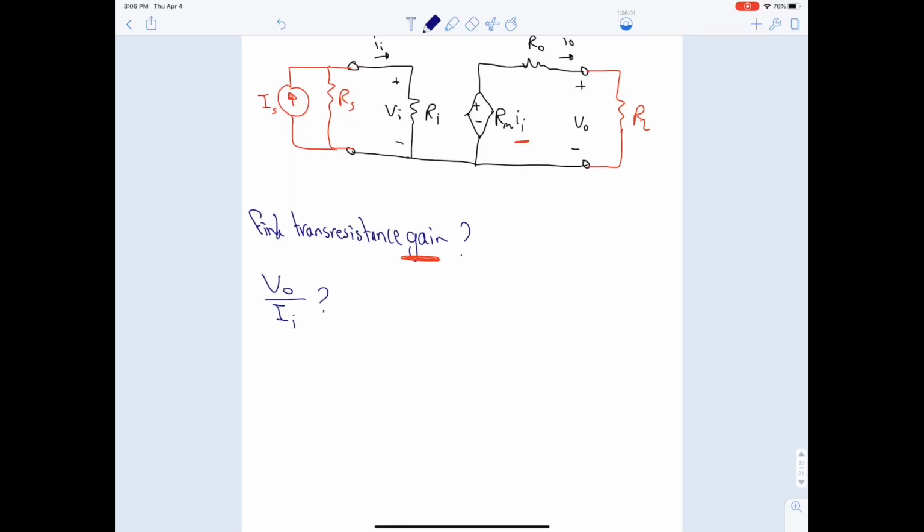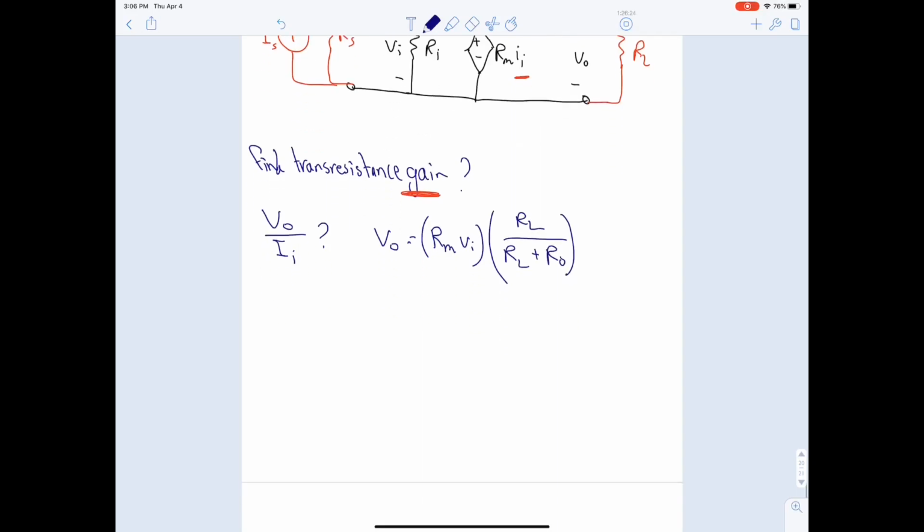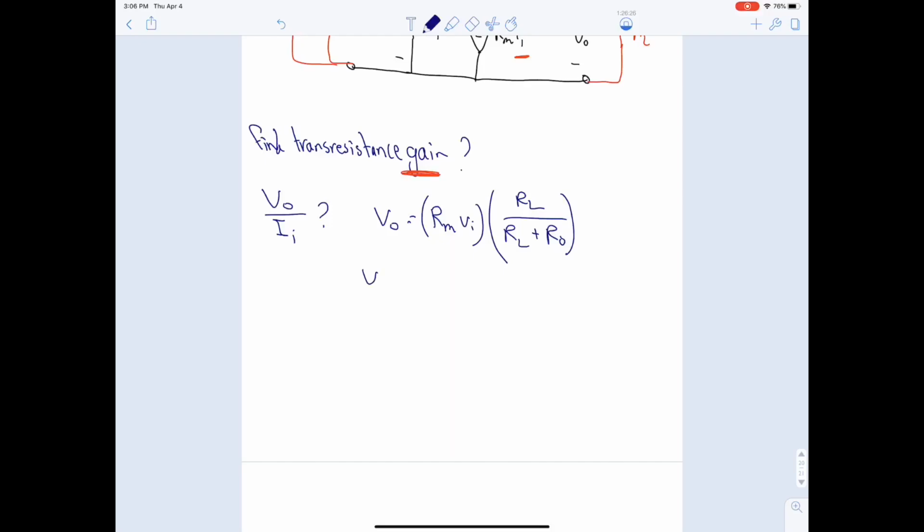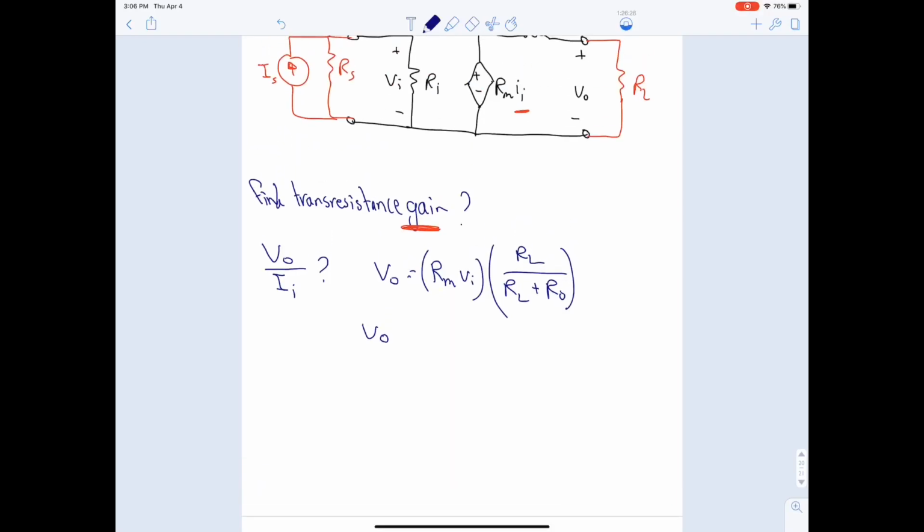Where should we start? We should start with the numerator, V output. Now try to find an equation that relates V output with V input. One equation. What should we do? We should do a voltage division. So it's Rm multiplied by Ii multiplied by RL divided by RL plus RO.